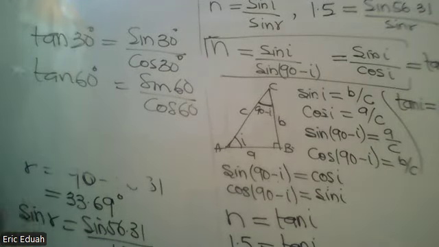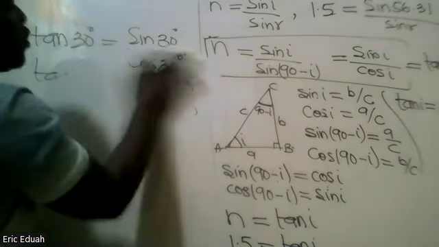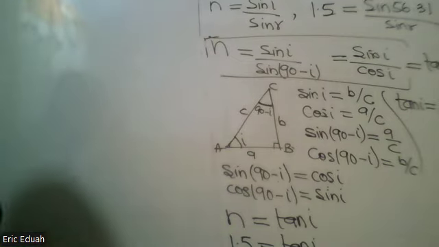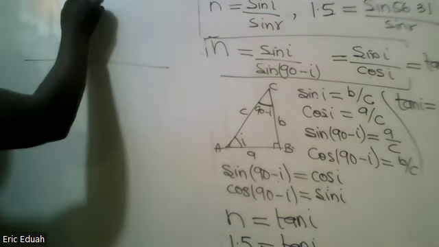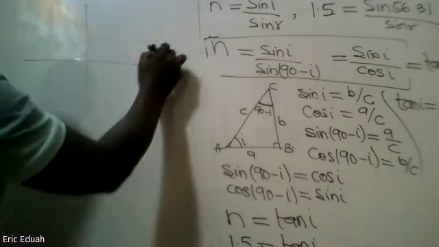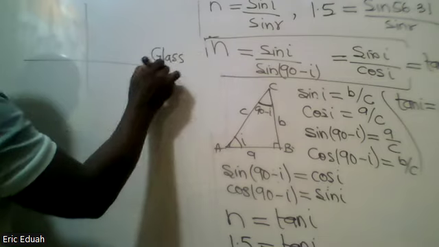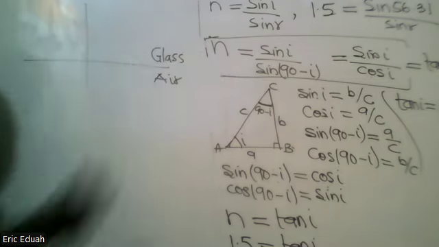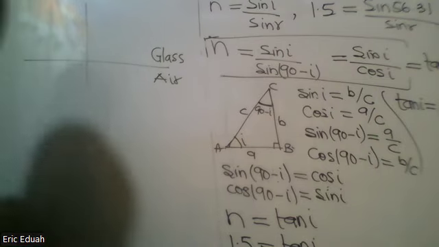So total internal reflection. One condition for total internal reflection to occur is that the light must travel from a dense medium into a less dense medium, for example glass to air, water to air, glass to water.